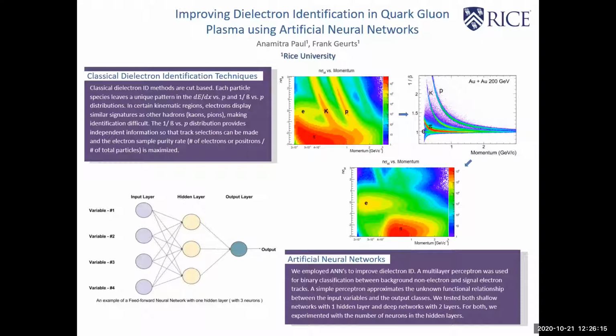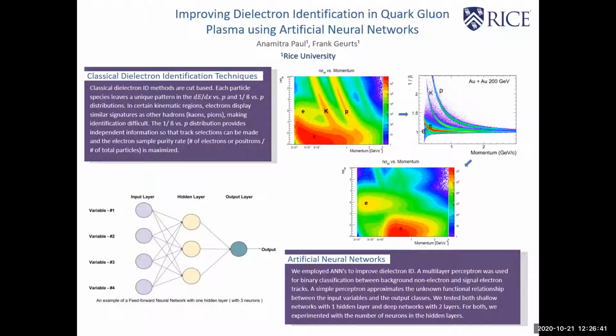Using independent speed versus momentum distribution data collected from a time-of-flight detector, selections may be made to maximize the electron sample purity rate. That is the number of electrons or positrons divided by the total number of particles in the sample.